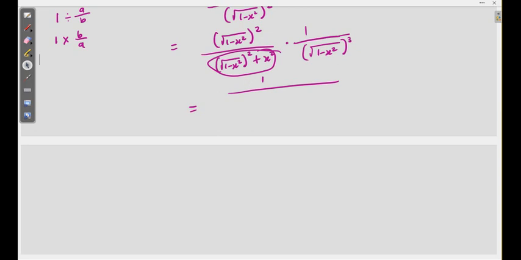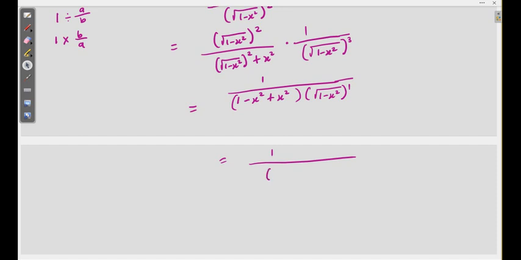We can write 1 minus x squared and then plus x squared, and then multiply that by the root of 1 minus x squared, because remember we said 3 minus 2 is 1. I get it? Right, then finally this will cancel that. You're going to have 1 multiplied by 1 minus x squared, so your final answer will be 1 all over the root of 1 minus x squared.